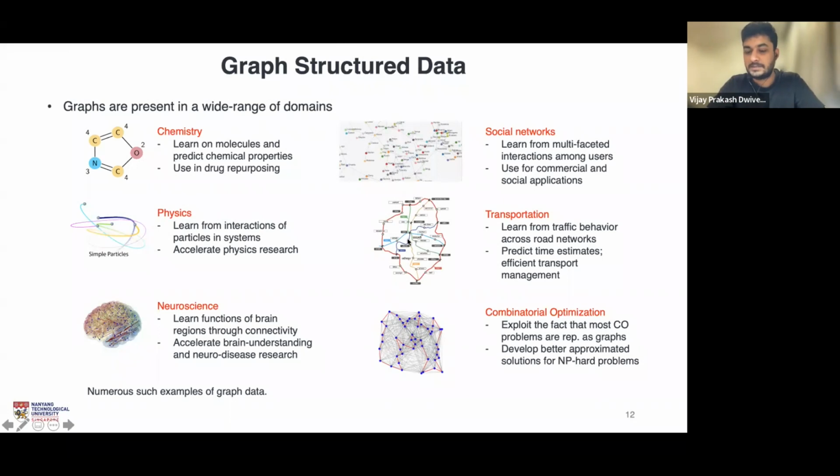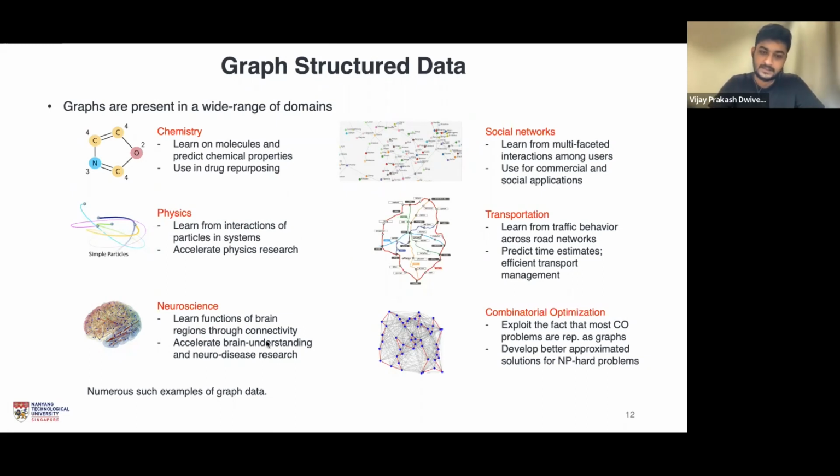In transportation, the data sets are inherently graph-structured. So deep learning can be applied there to learn from traffic behavior and understand the dynamics of the networks to help the ultimate management of transport, and also predict time estimates for end users.